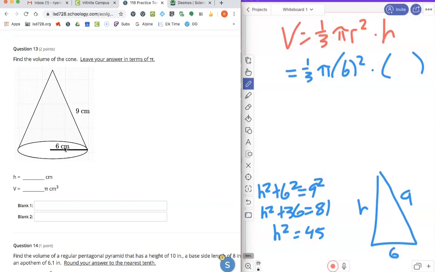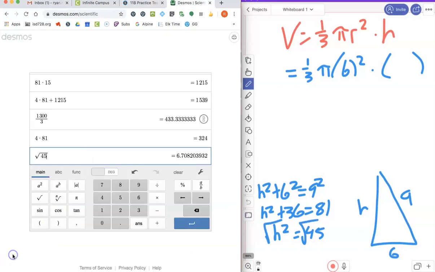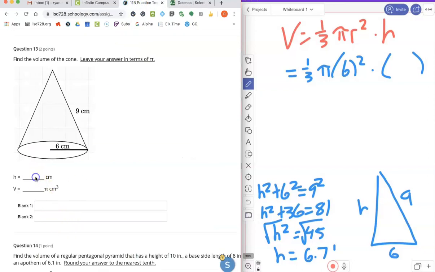Okay, so we're doing the square root of 45, which, as you can see in the calculator there, is 6.71. So that's what I would go to put here, 6.71. Or 6.7. I'm sure either answer is actually in there. I'll make sure when I go through. So we're going to put a 6.71 right there.